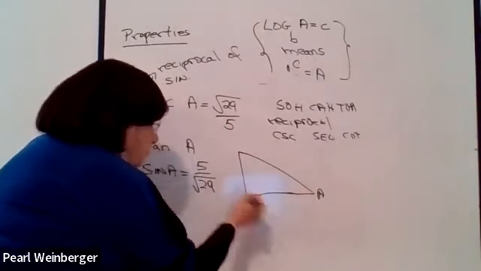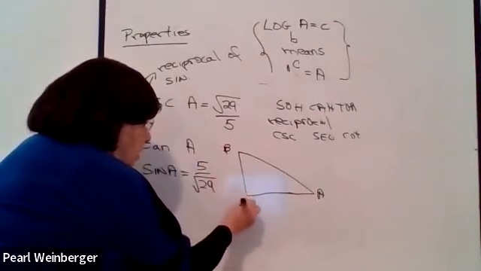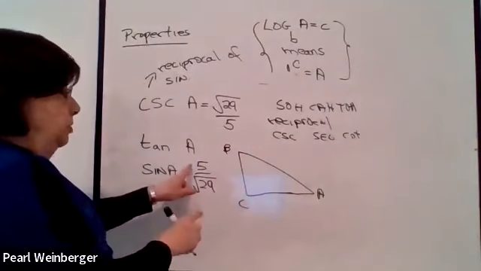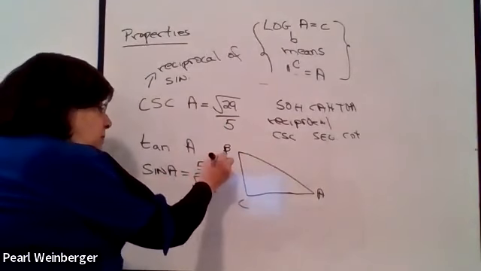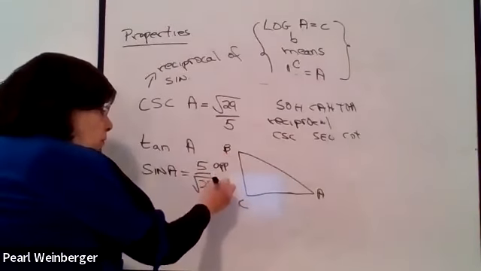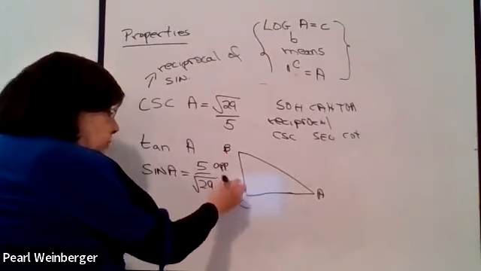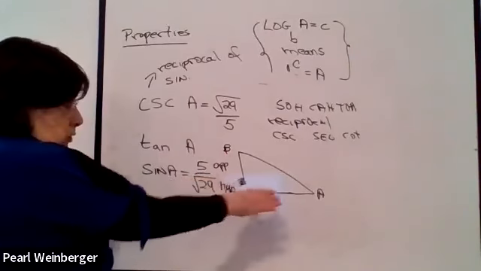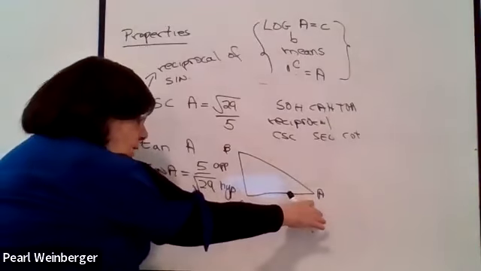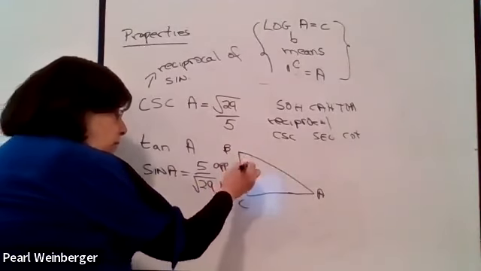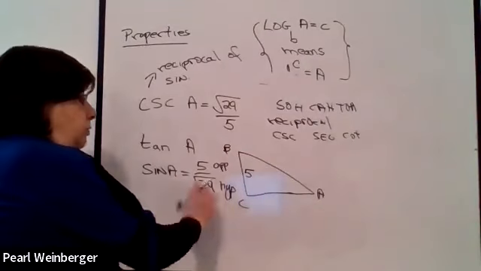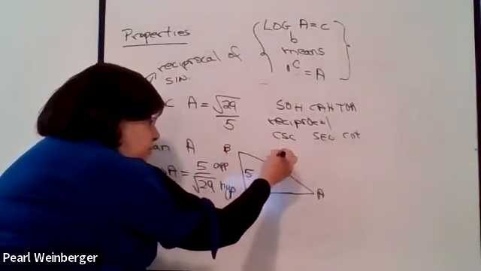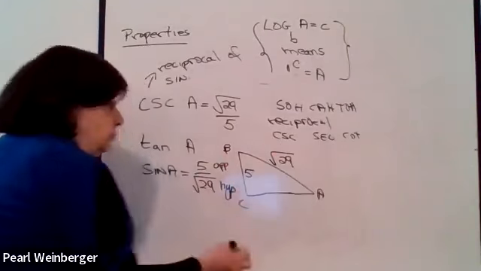Here's my A, B, C. Remember, the sine is the opposite over the hypotenuse. So the opposite side, which is this one, I'm going to put as 5, and the square root of 29 is going to be the hypotenuse.